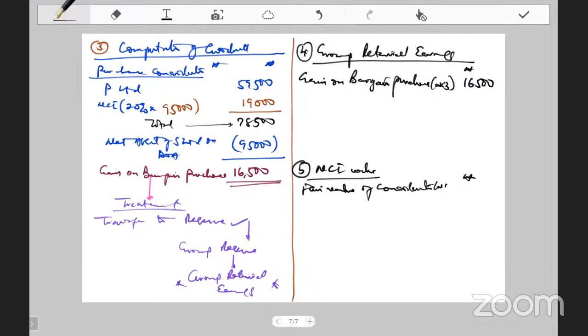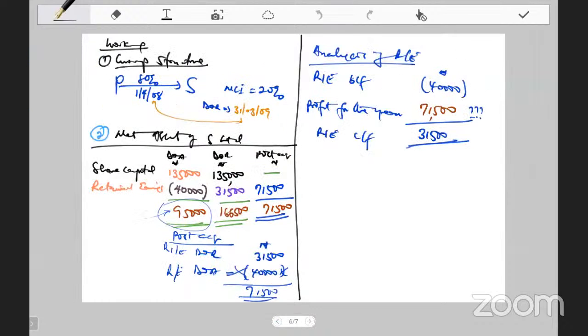I have it 19,000. Now I need information. Don't forget, in my note 2, my date of acquisition took me to goodwill.